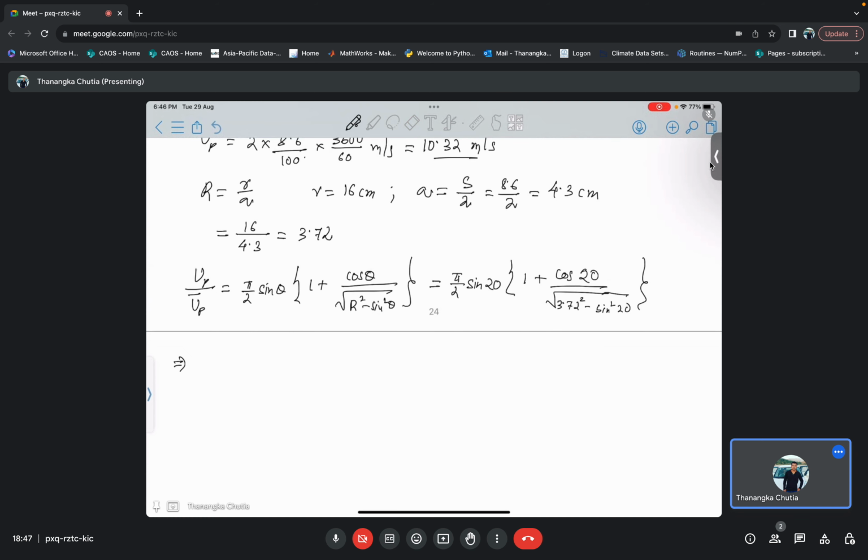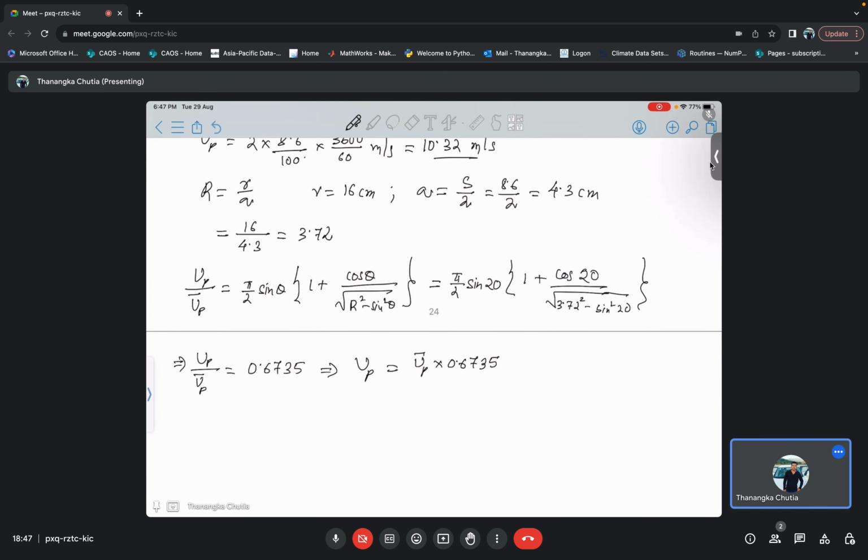So up by up bar will be equal to 0.6735.